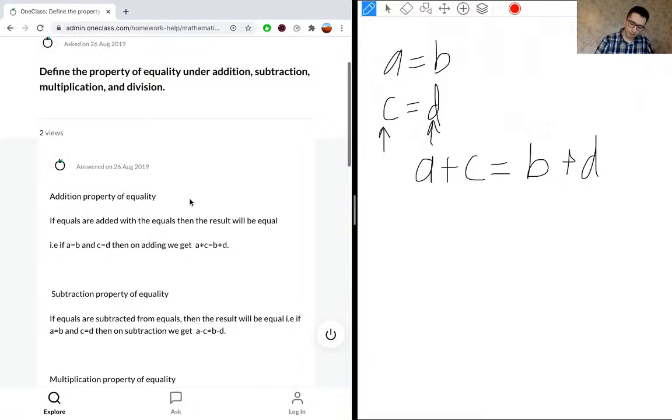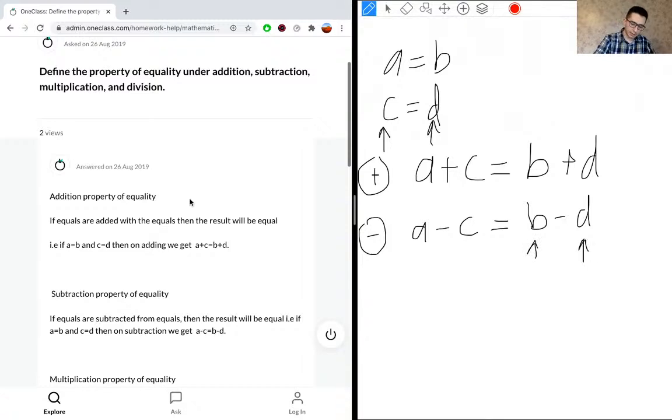It doesn't really matter if B or D comes first, or A or C comes first. Just remember when you're adding these to keep the variables on the left side on the left, and the variables on the right side also on the right. For subtraction, we'd have A minus C equals B minus D. Here the position of B and D is important.